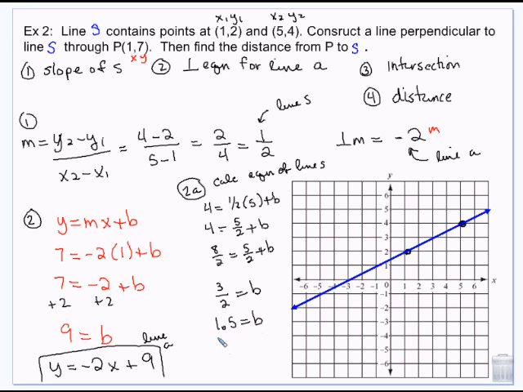So it is drawn correctly. It is 1.5. So my equation for line S is y is equal to, was it negative? No, it's positive 1/2 x plus 1.5. And line A is y is equal to -2x plus 9.